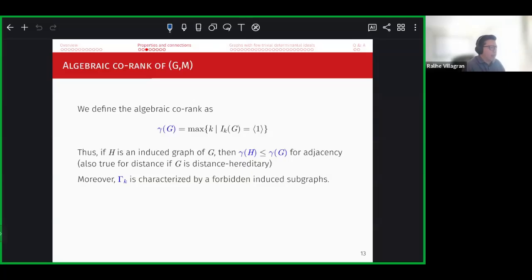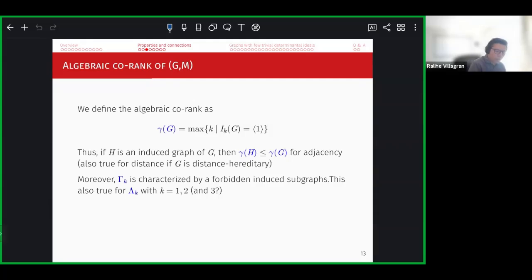Moreover, we know that since the induced order is preserved, this set of graphs is characterized by forbidden induced graphs. And that's also true for small values of k when we are thinking about the distance ideals.